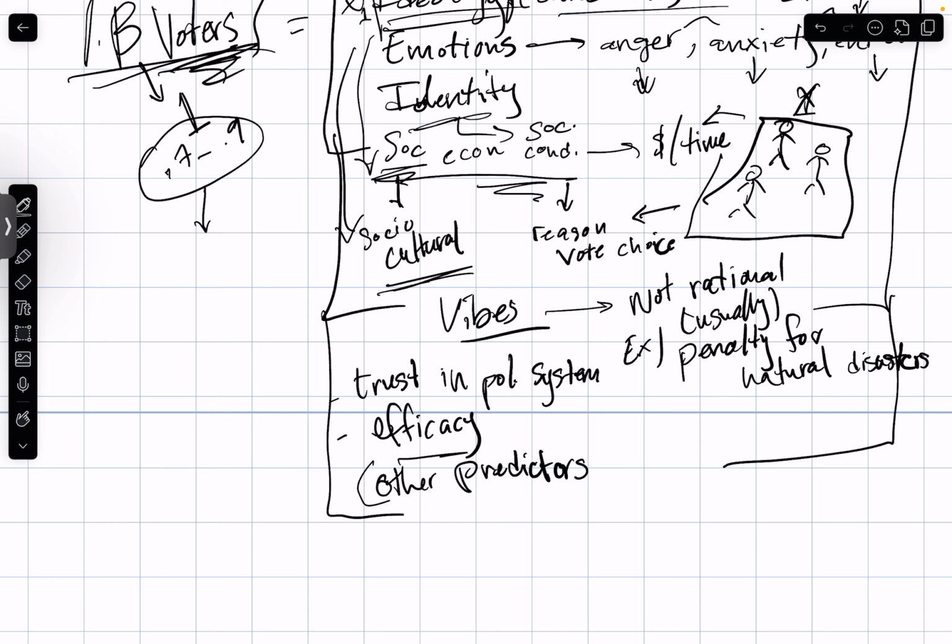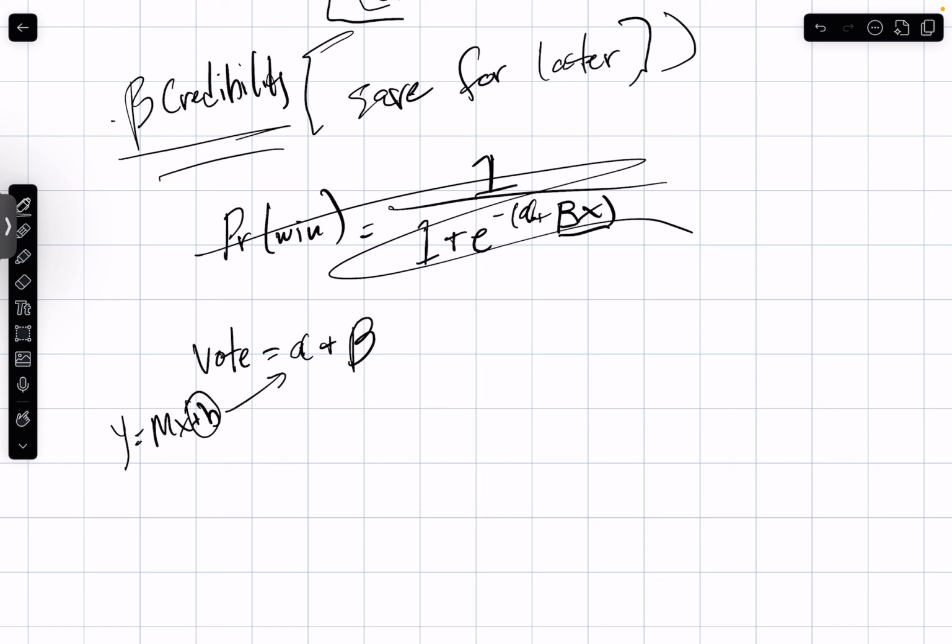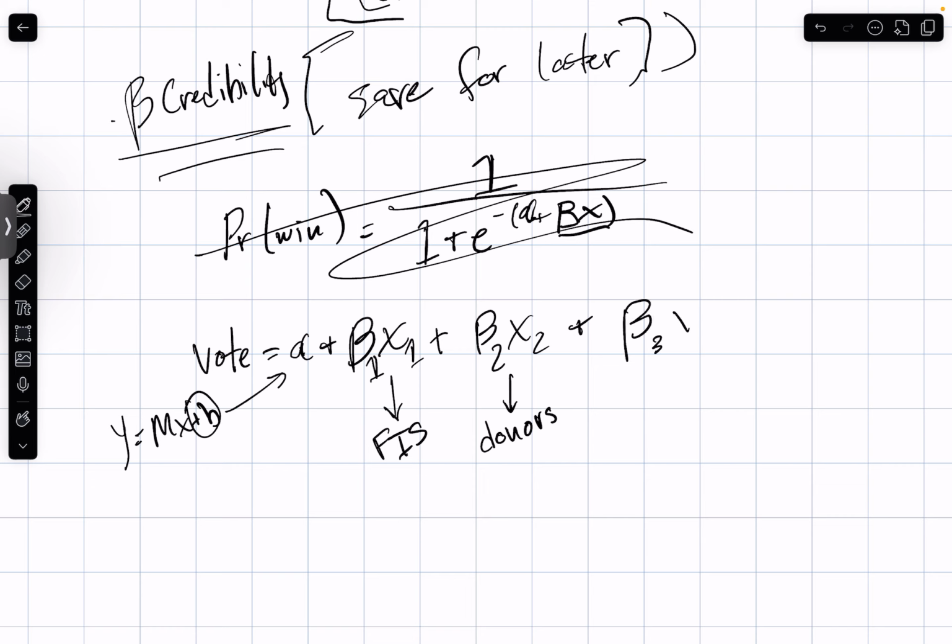If you ever took algebra in primary school, you'll be looking at your b term here, which is just the alpha in statistical notation, regression notation, plus the coefficient of our first vector, beta 1 x1, and this is going to be the formal institutional support, plus beta 2 x2, your donors, plus beta 3 x3, and then you'll also go on to beta n xn for all the pillars that I forgot to include. Okay, which one was this? Volunteers.